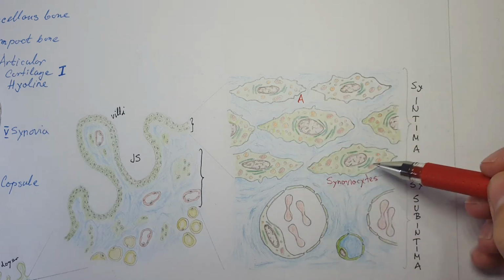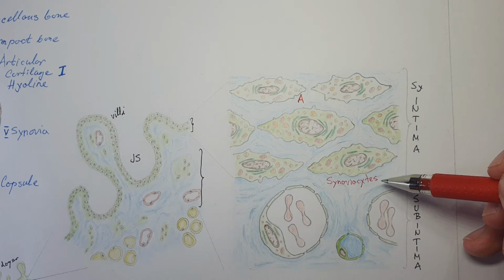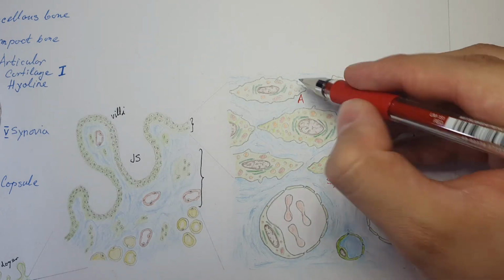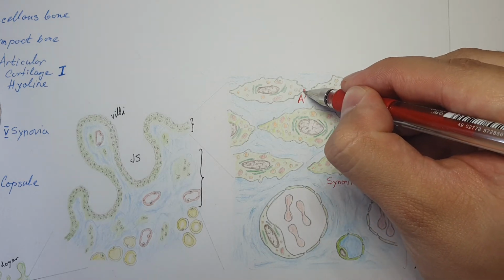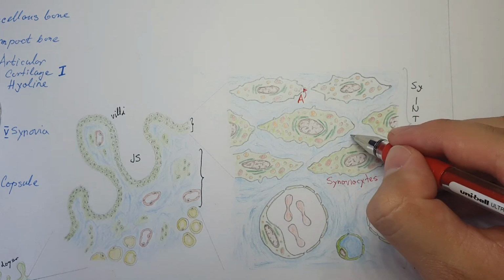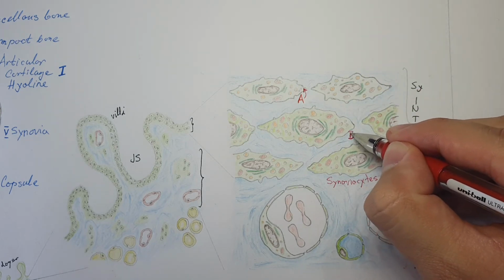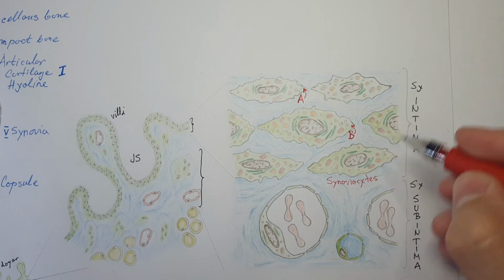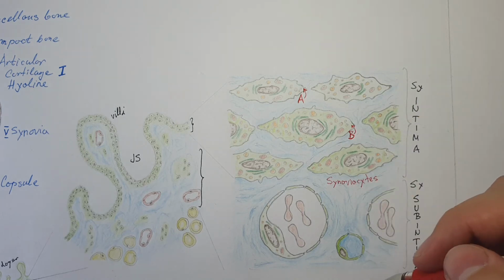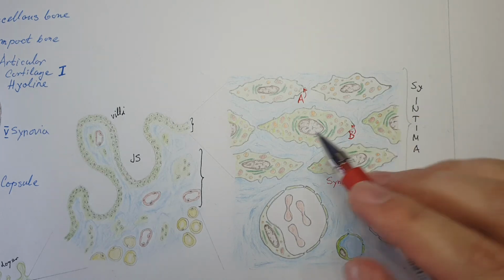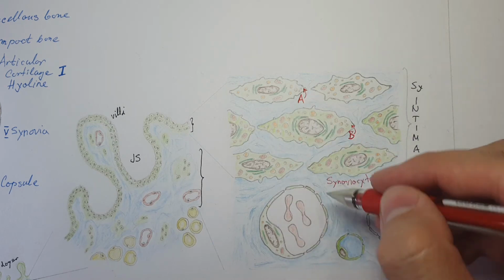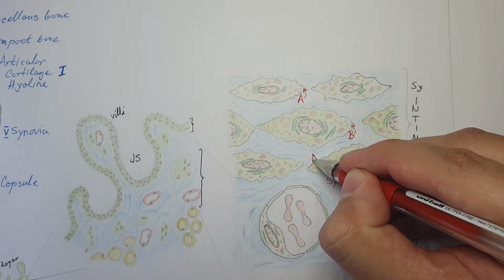All of them are synoviocytes, and there are a few different types. We have the A synoviocyte type, then the B type, and cells that are not really differentiated, that are in between those two, are called AB cells.